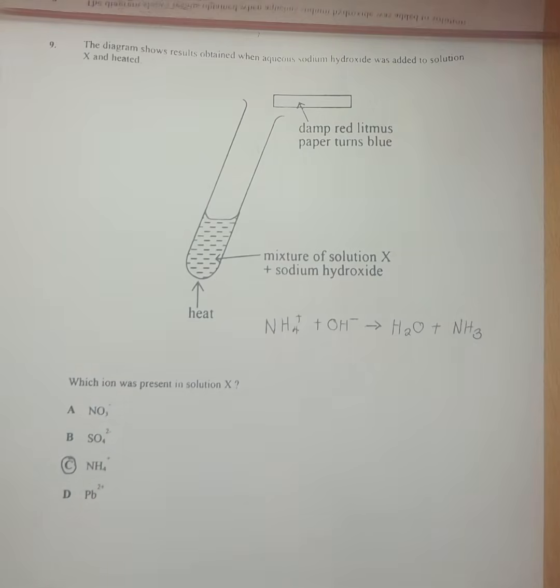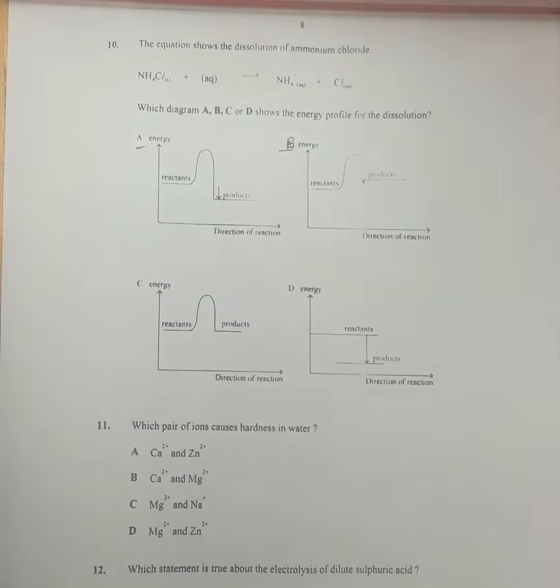Let us now move on to the final question in our tutorial today, which is number 10. The equation shows the dissolution of ammonium chloride. We are having ammonium chloride plus aqueous in order to give us ammonium plus chloride.